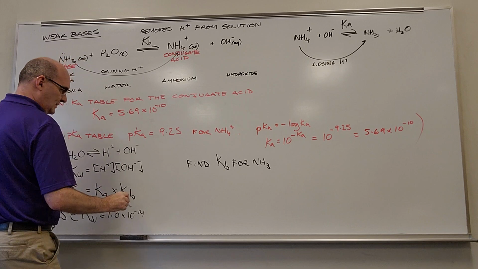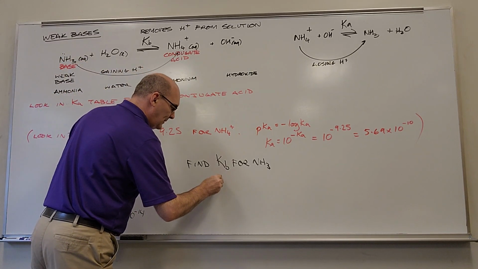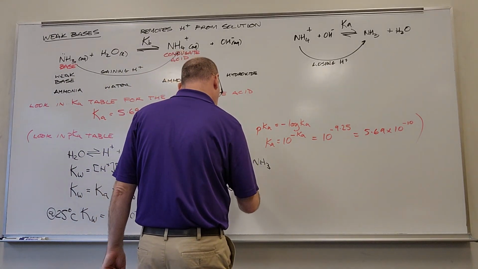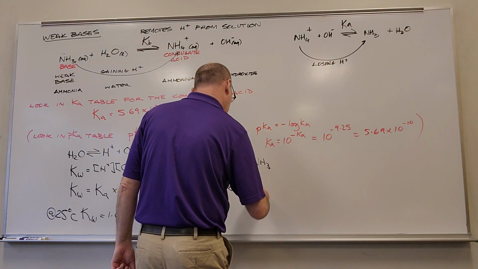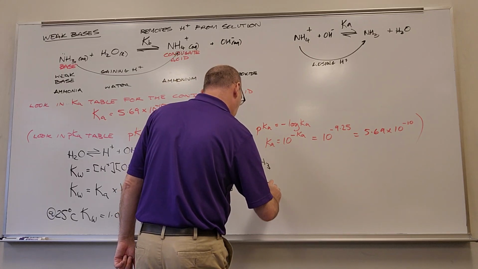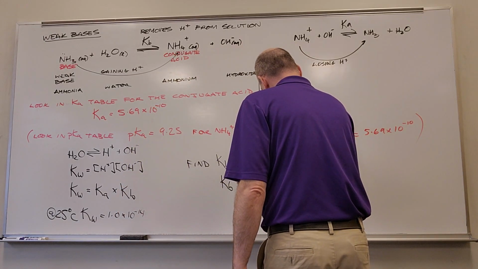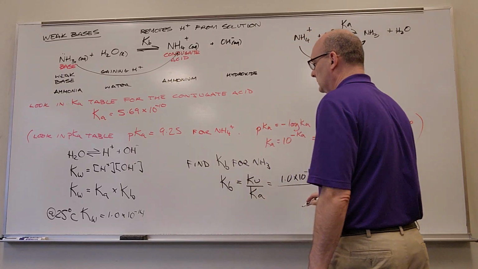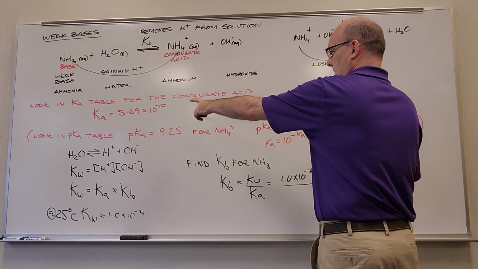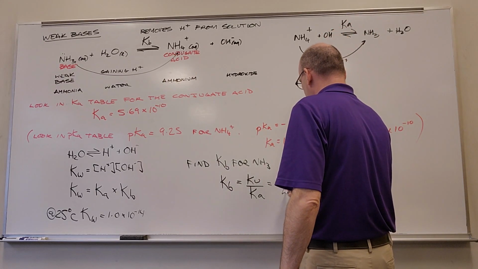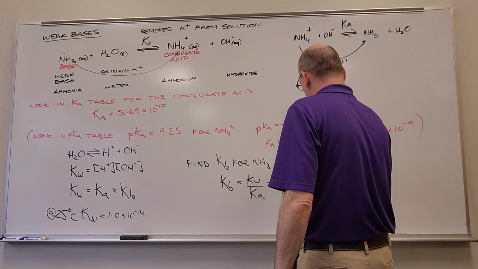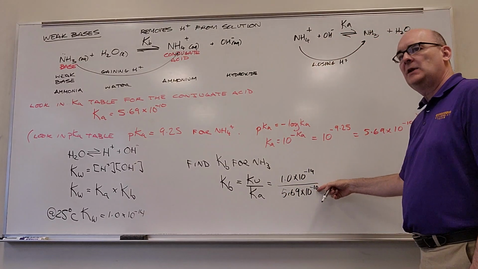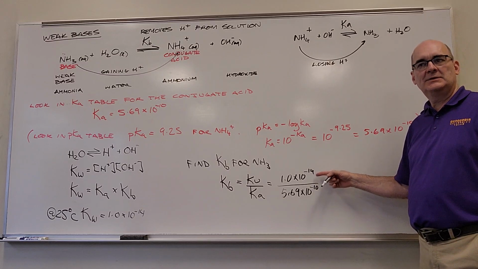That means that Kb is Kw divided by Ka, which is 1.0 times 10 to the negative 14 divided by 5.69 times 10 to the negative 10.